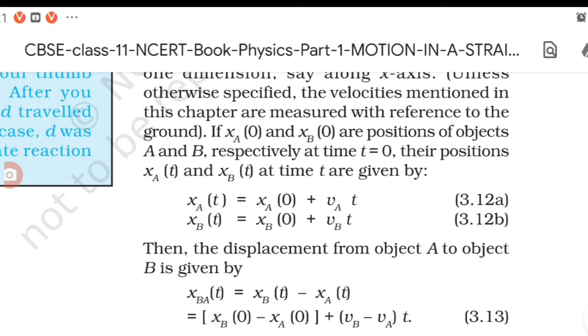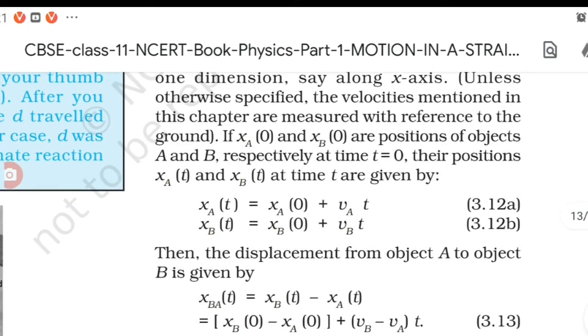That's what xb0 minus xa0 means. Now, vb minus va means velocity of the second object with respect to the first object, or velocity of B with respect to A. This term is known as the relative velocity. So vb minus va is the relative velocity of B with respect to A.